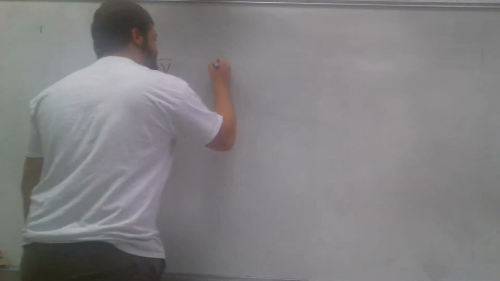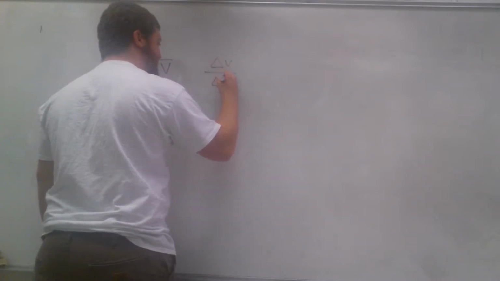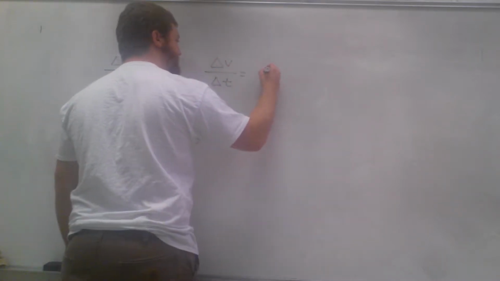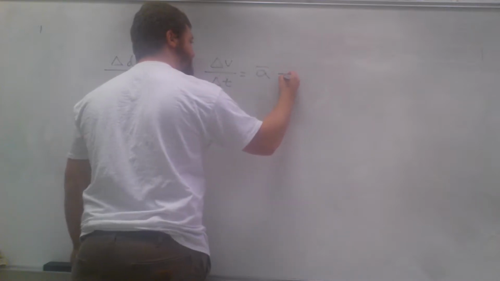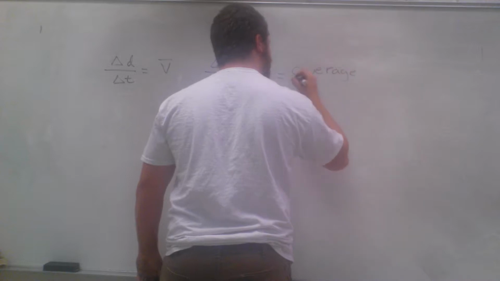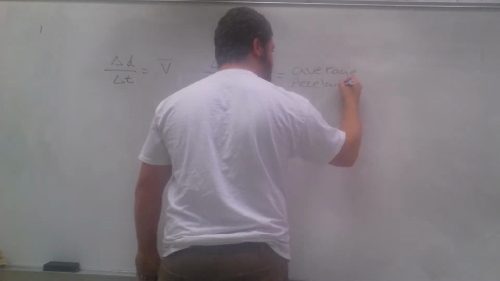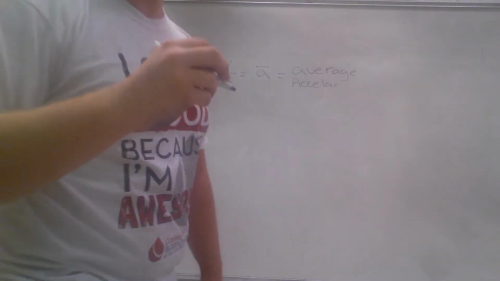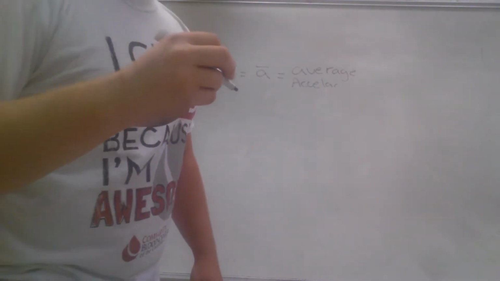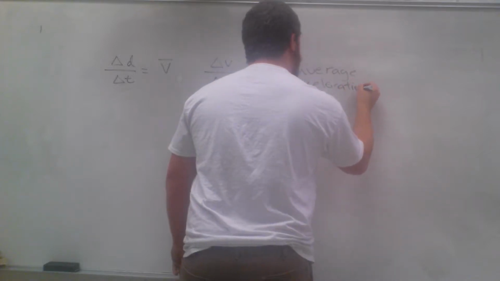Now, the change in velocity over time is equal to your average acceleration. Now, once again, what does that delta mean? Acceleration. I misspelled acceleration. You'll learn very quickly that I cannot spell. Okay, so what's the delta mean?